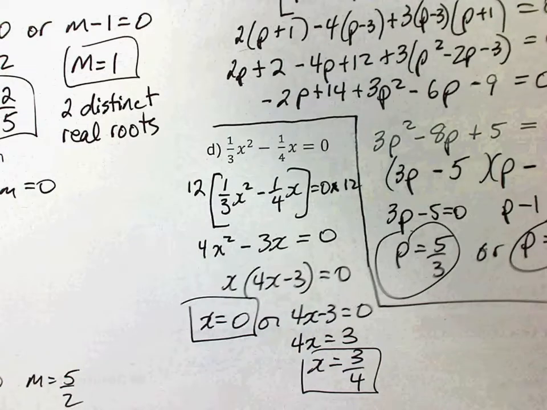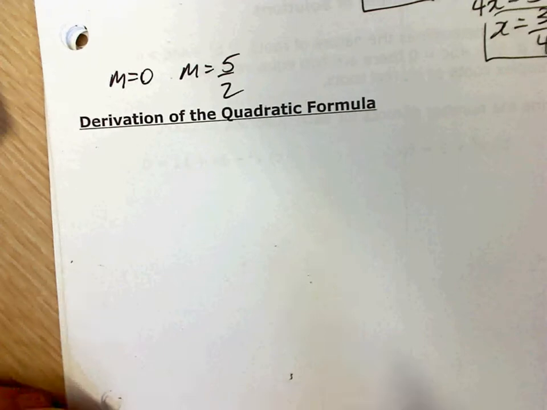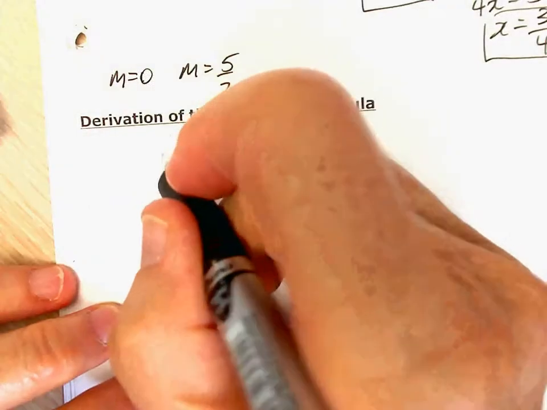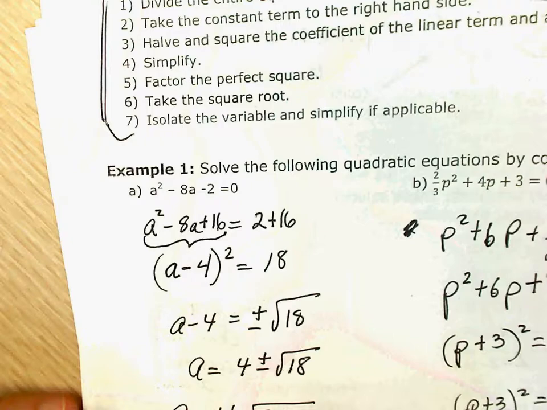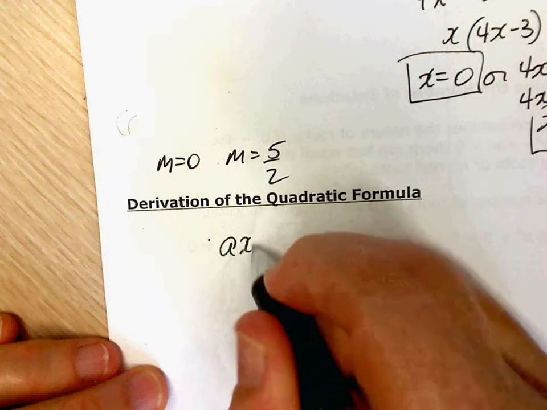Okay, derivation of the quadratic formula. I'm going to use my math wrap, okay? I'm just following these steps, right? To derive it. I have to derive it for you. The equation is this, right?